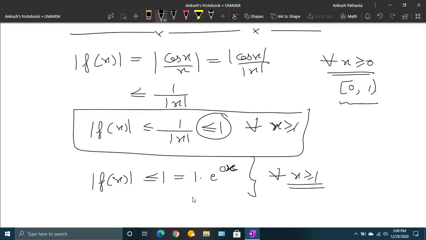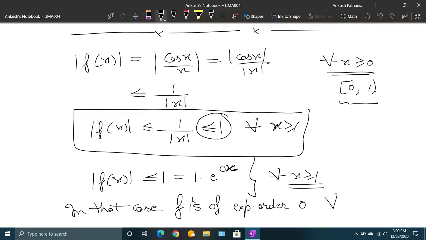So in that case, the function given is of exponential order 0 for all x greater than or equal to 1.